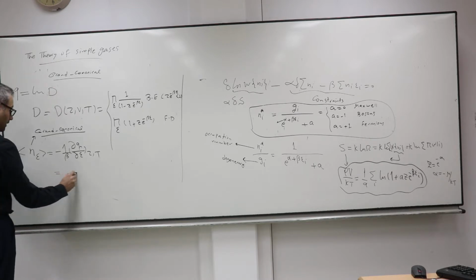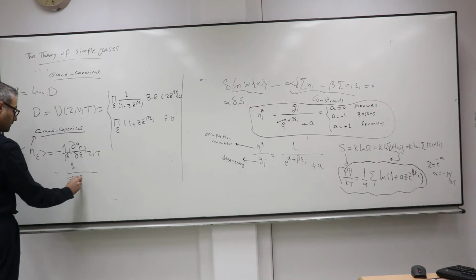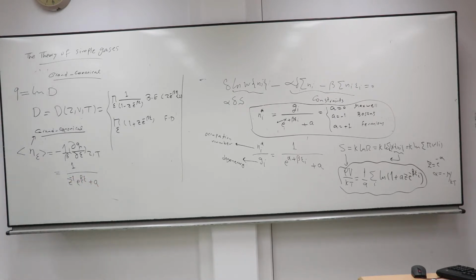So in our case, it will be like that. And this is called the mean occupation number, or the mean number of particles which have the energy.